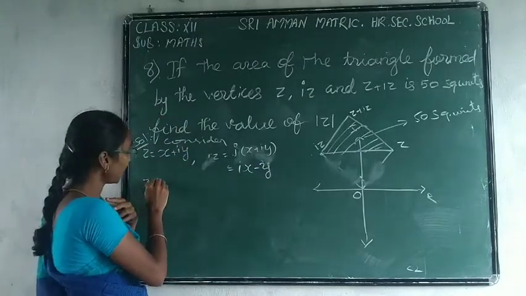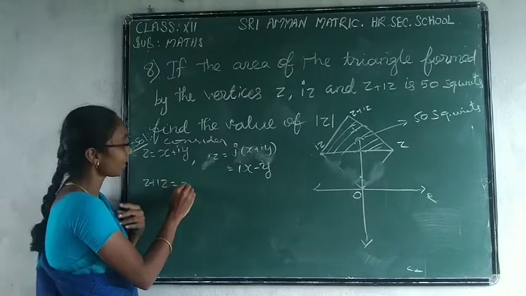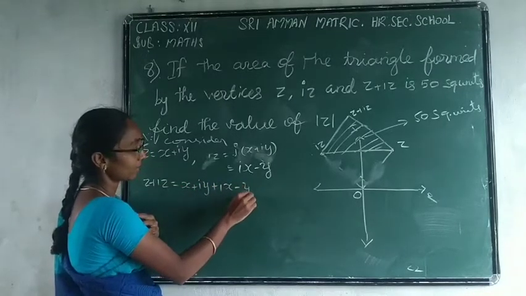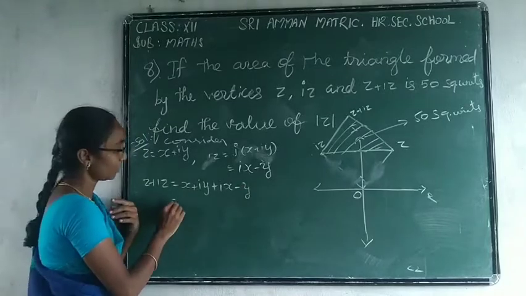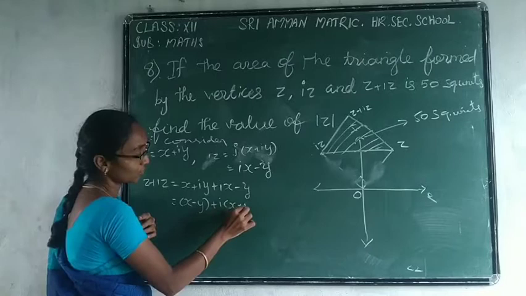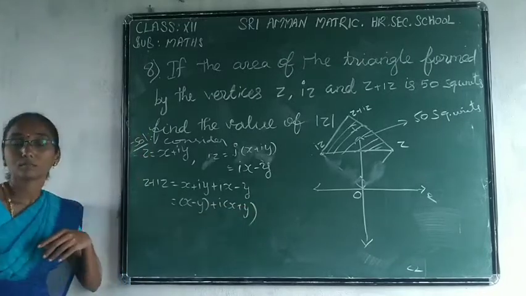Then z plus iz is x plus iy plus ix minus y, so the value is (x minus y) plus i into (x plus y).